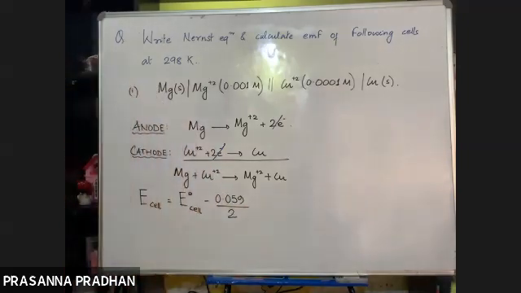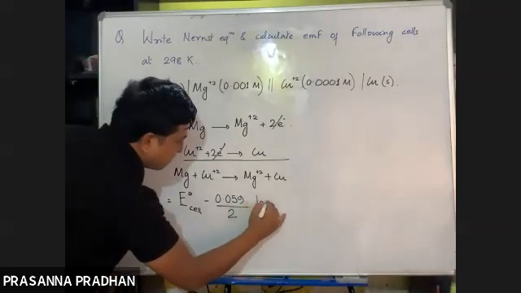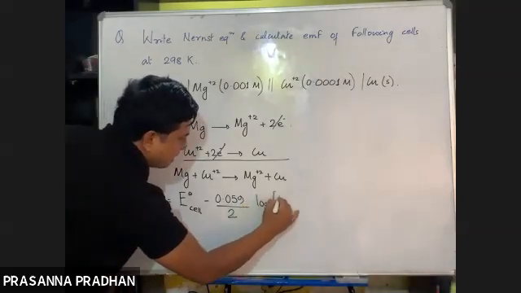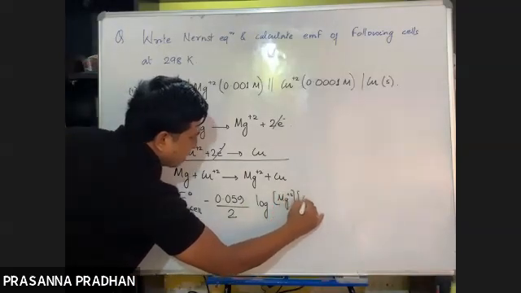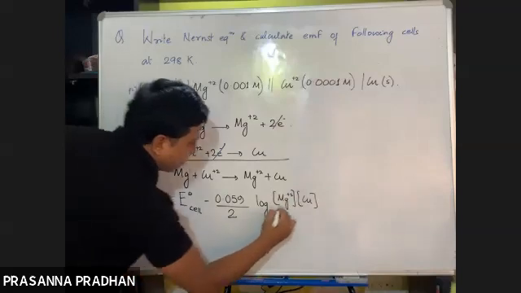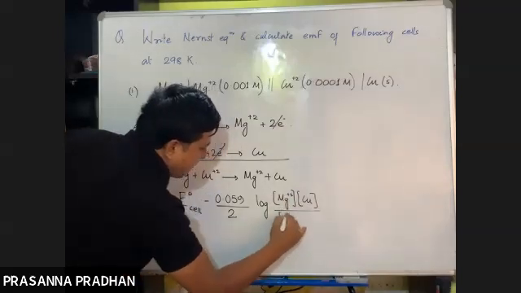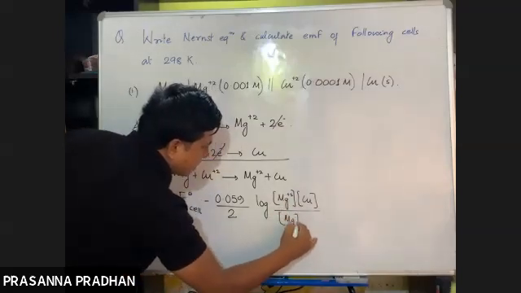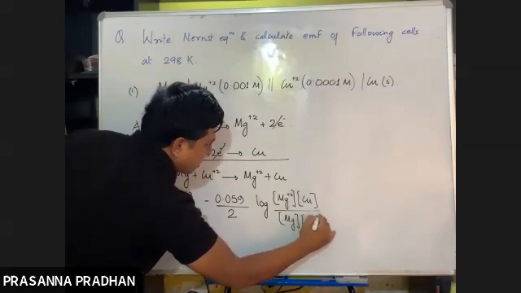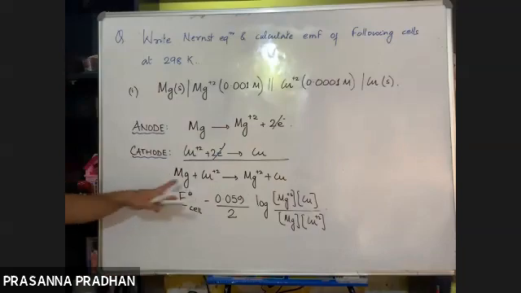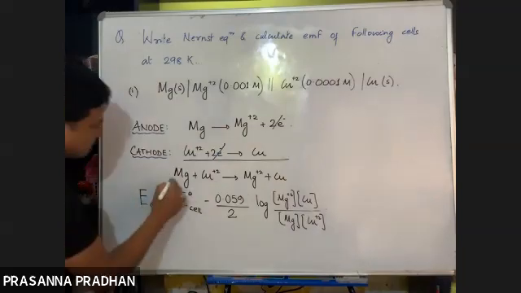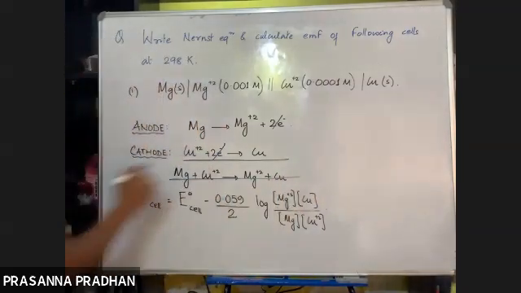The number of electrons involved are 2. So log of the concentration of the product species over the concentration of the reactant species like this. Fine. So this is the Nernst equation for this cell reaction.